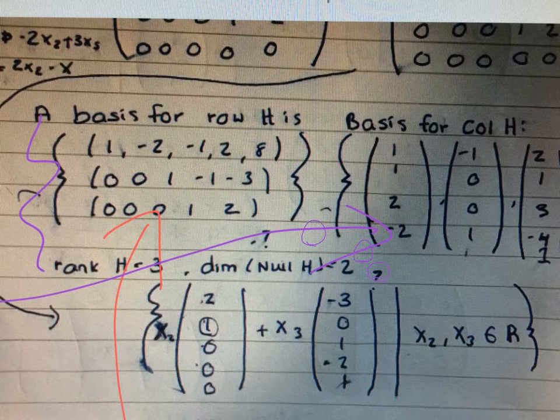So if these are rows and this is your solution set, then we should have an x1 as well in there. Basically what it's saying is that the fourth row should be a linear combination of the first 3 rows.